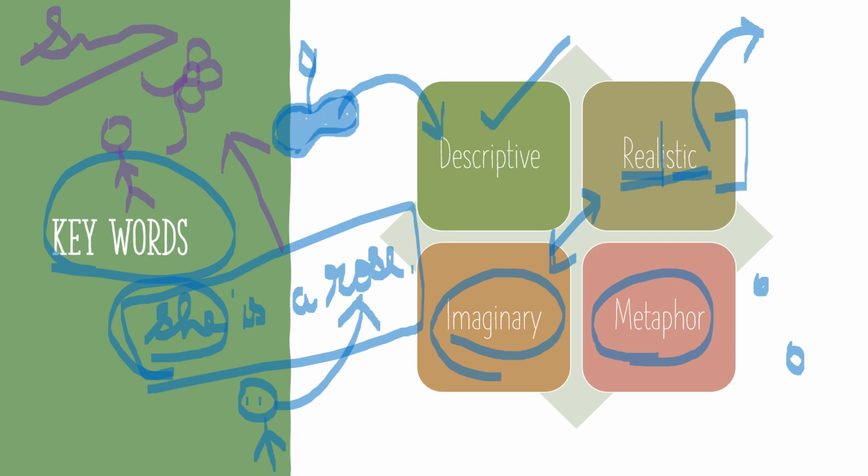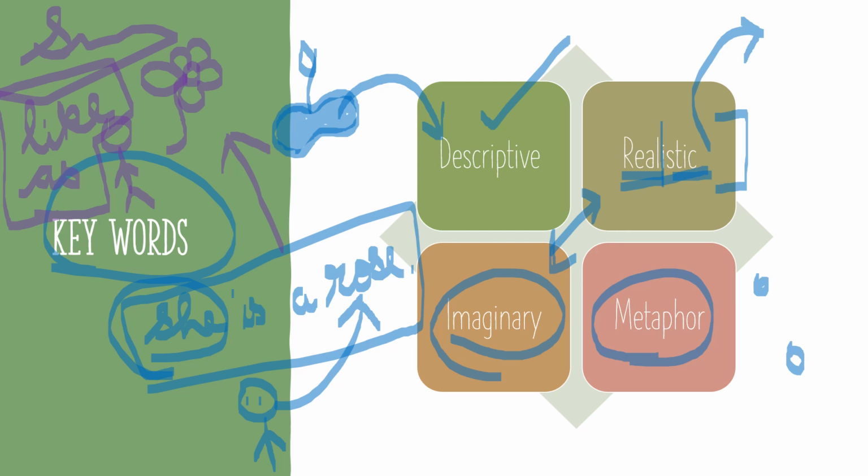Right? The only difference between a simile and a metaphor is usage of these two words. In a simile, this is a cheat code, we use as, we use like. Right?